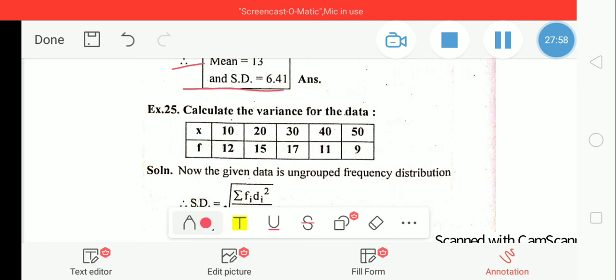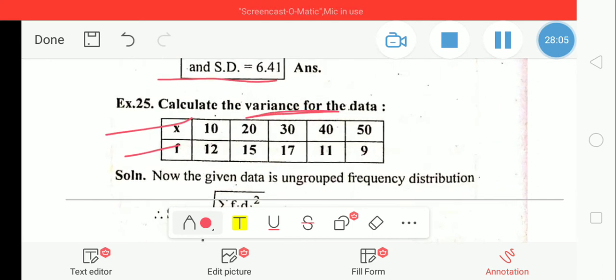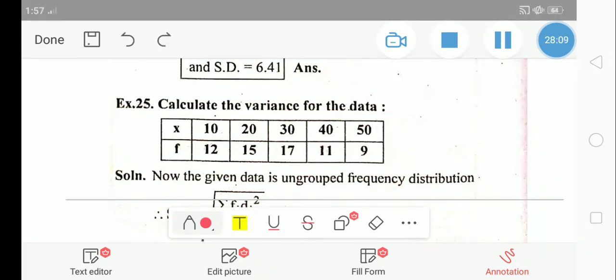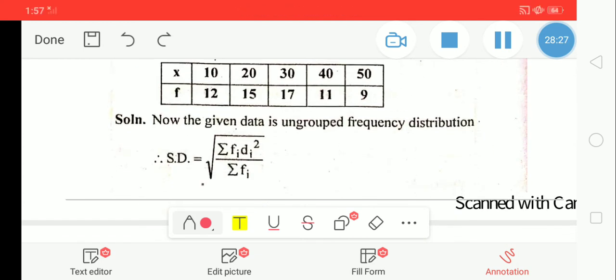Calculate the variance of the data. Now here x and f are directly given, and we calculate the variance. We know that variance means standard deviation square. So we first find the standard deviation, then take the whole square, so we get the variance. Now the given data is an ungrouped frequency distribution.